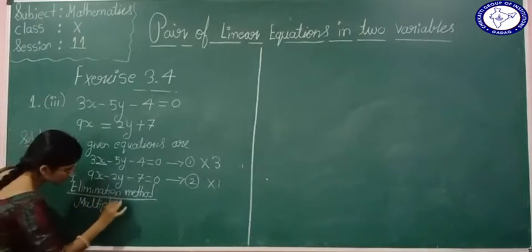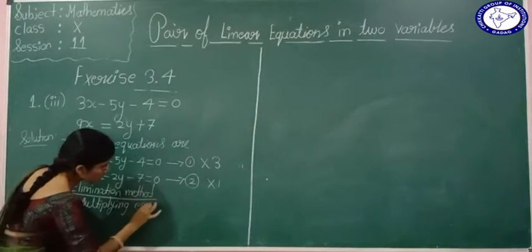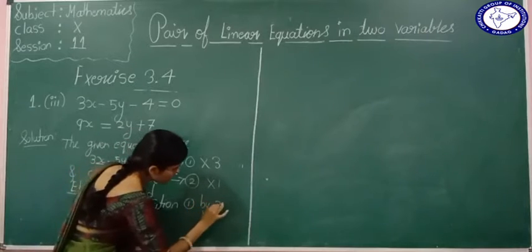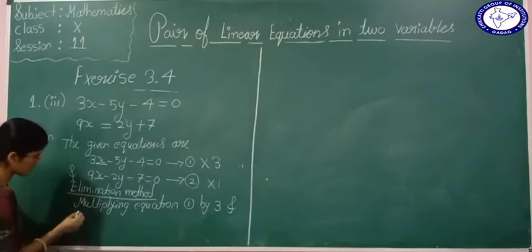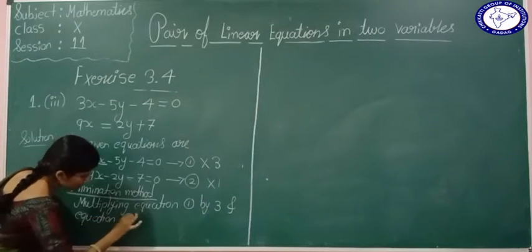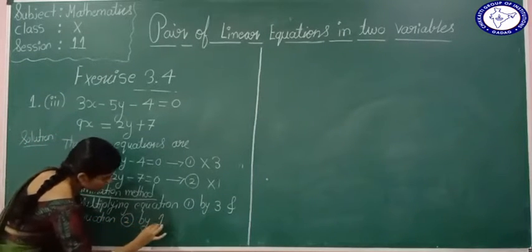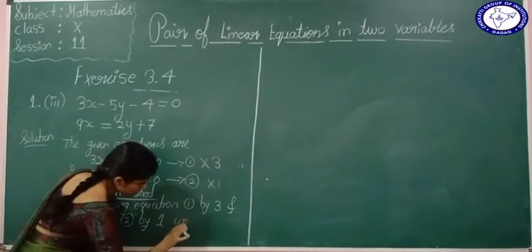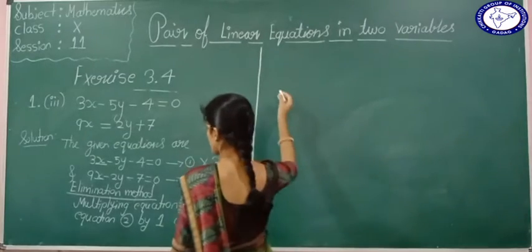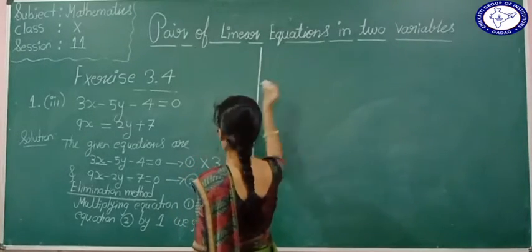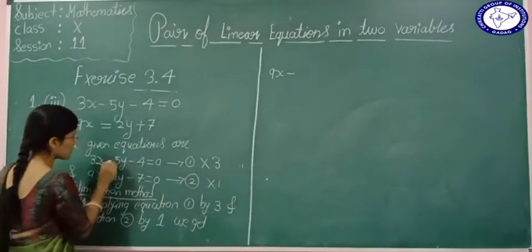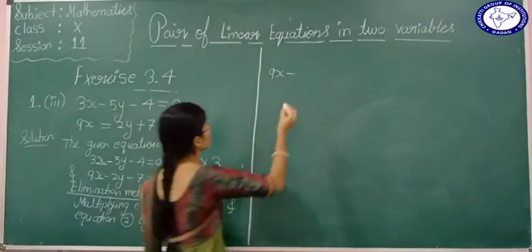Yes. Say, what should I write here? Multiplying equation 1 by 3 and equation 2 by 1, we get, now multiply it. 3 3s are 9x minus 5 3s is how much? 15.